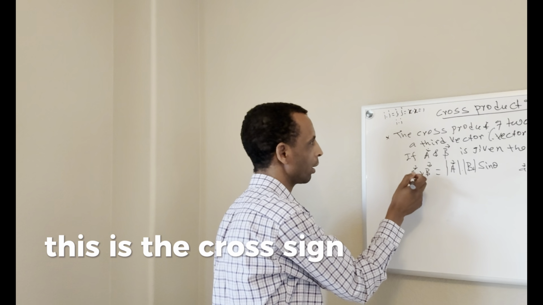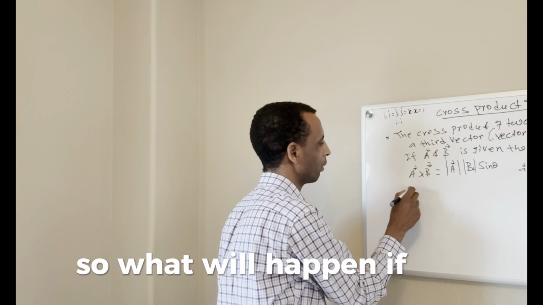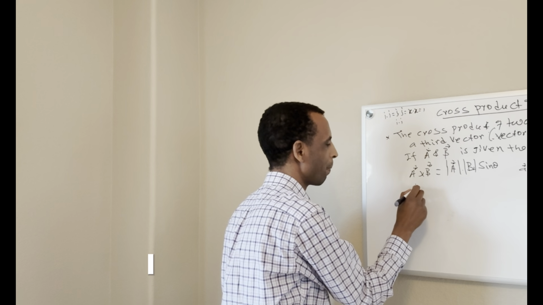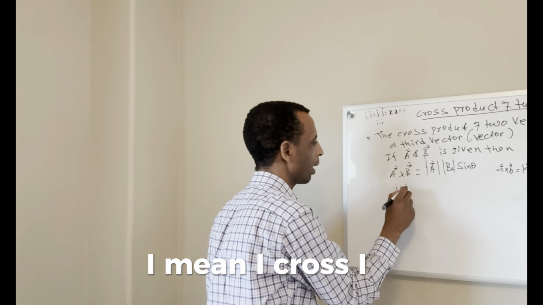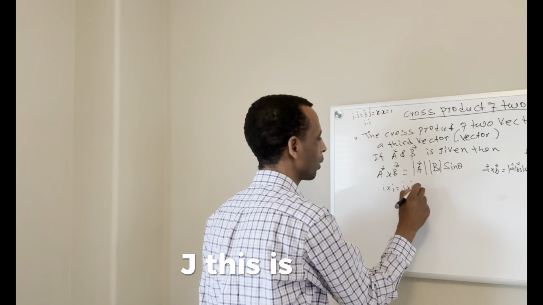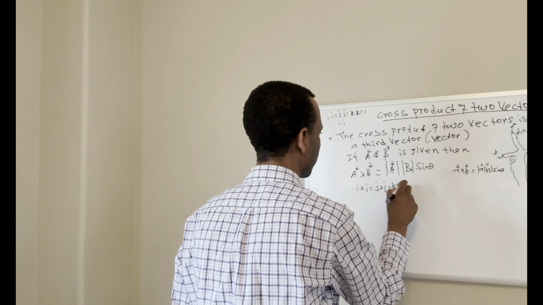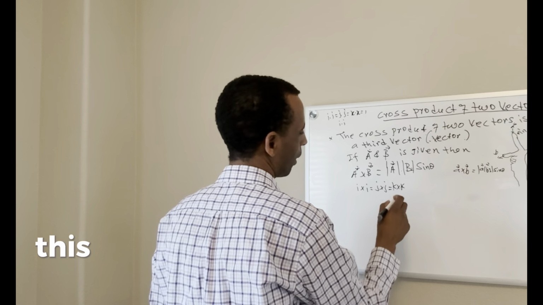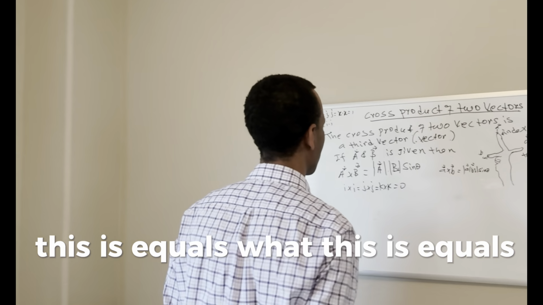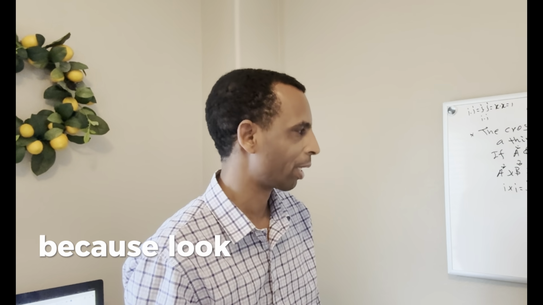Here, let's see what will happen. This is the cross sign and this is the dot sign. What will happen if I cross I, J cross J, K cross K? This equals 0. Why?